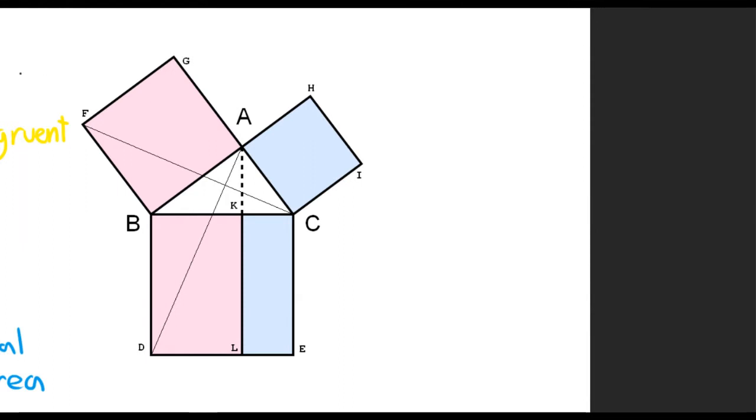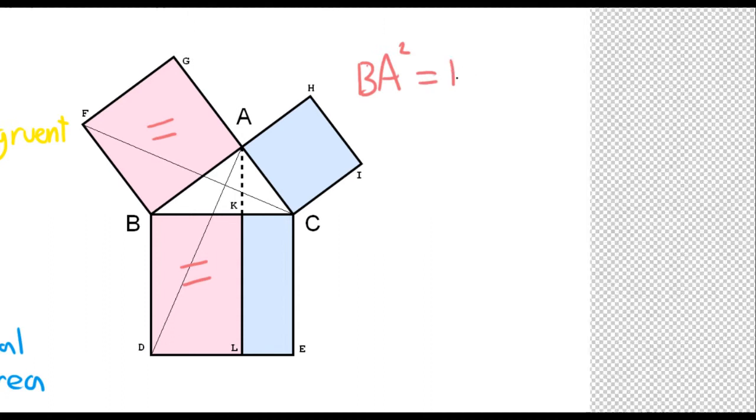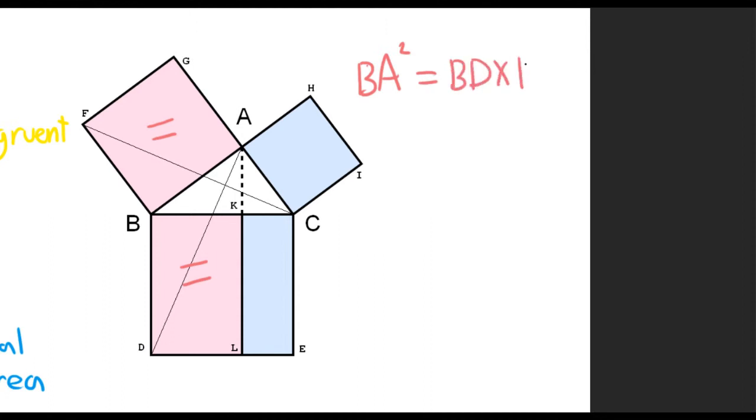And at this point, we can see that, oh, never mind. This was a bad idea. So we can see that BA squared, or this square here, since this area is equal to this area, equals BD times BK.